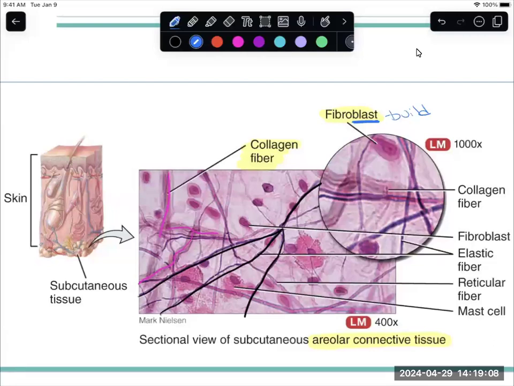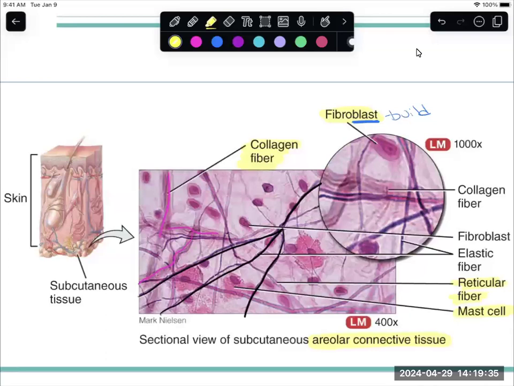There's usually some sort of immune cells in areolar connective tissue. That's these mast cells. There may be some reticular fibers found throughout here. But it's just a collection of a lot of different types of cells, proteins like that collagen, those elastin fibers or elastic fibers.